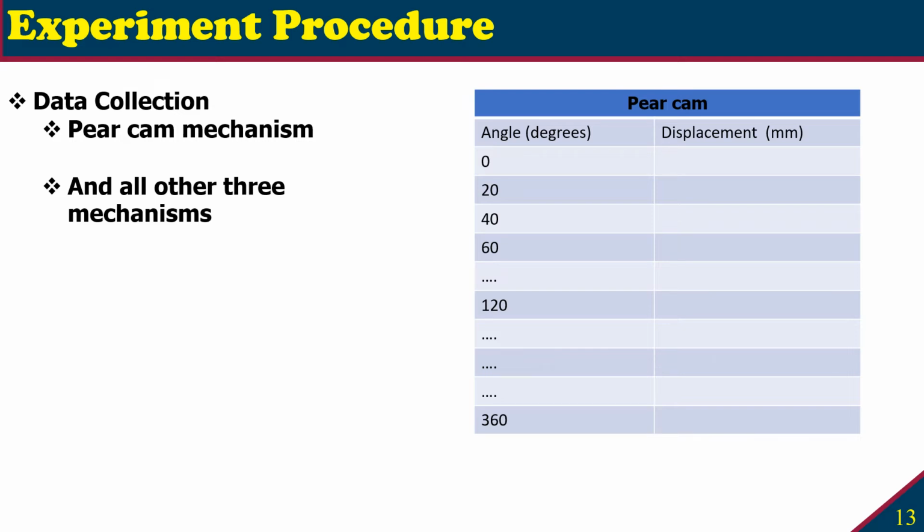That means a full rotation. You have to stop at those angles and measure how much the red bar on the scale goes up and down. The position will give you the displacement. Once you have that data, you can plot the displacement against those angles and you'll get your displacement profile.